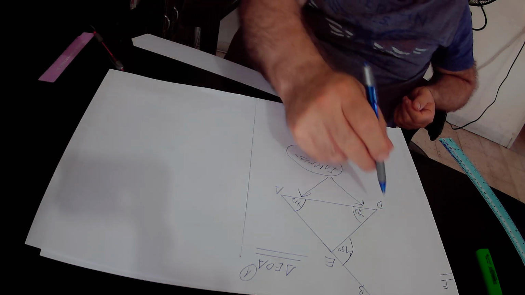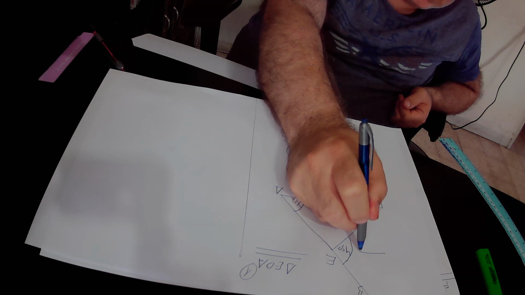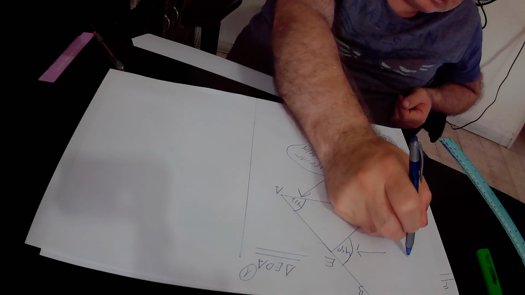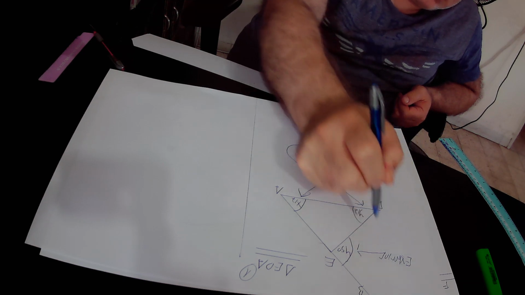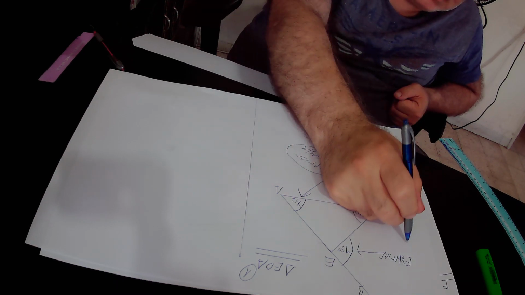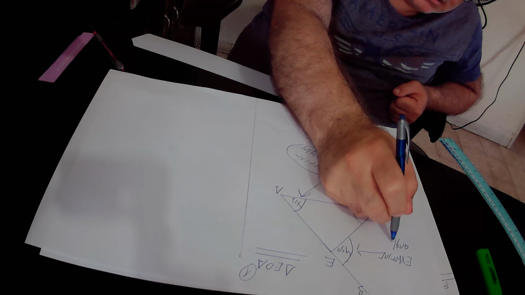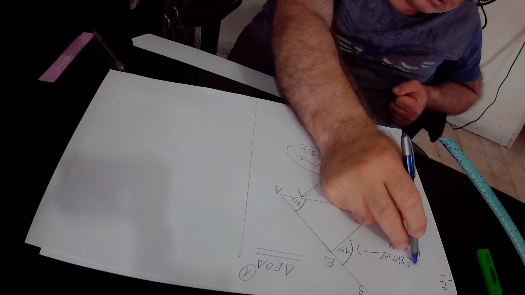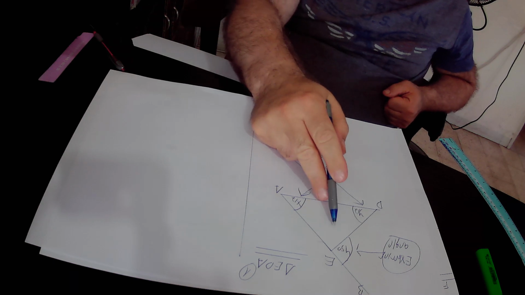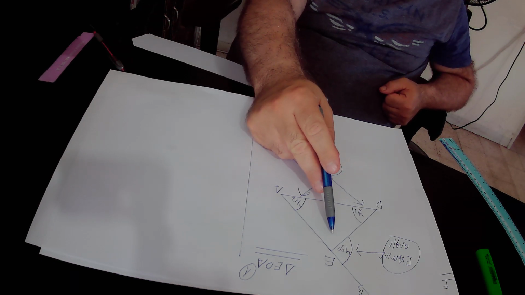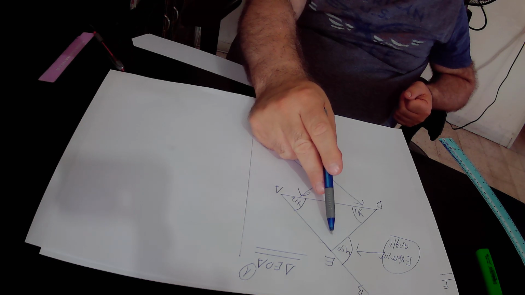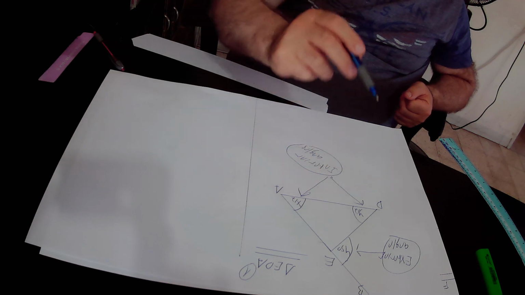So I'll write it down. This is an exterior angle of this triangle, triangle EDA. And this angle, angle DEA, is also defined as an interior angle of triangle DEA because it is located inside triangle DEA.